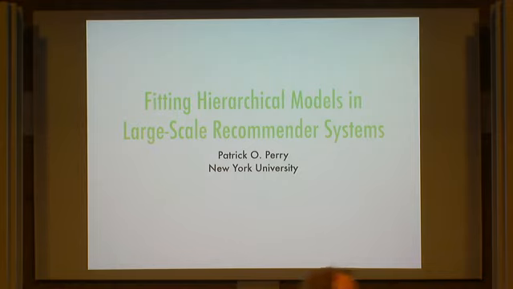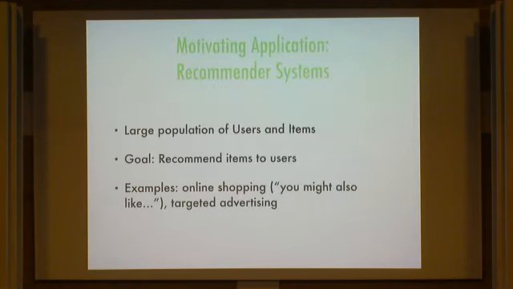That's perfect. So today I'm going to talk about a fitting method for hierarchical models generally, but with a specific focus on recommender systems. If you haven't seen recommender systems, the basic idea is that you have a large group of users and a large group of items, and you somehow have to figure out what items to recommend to what users.